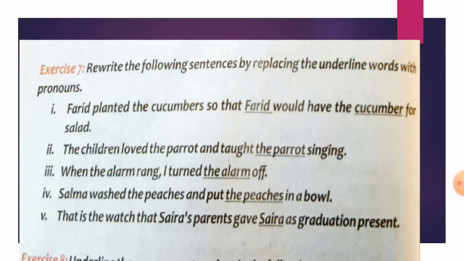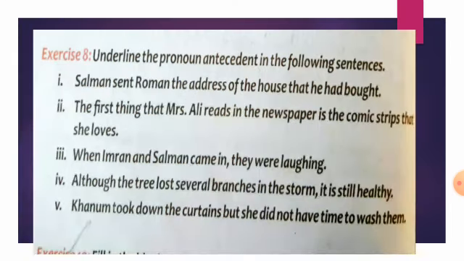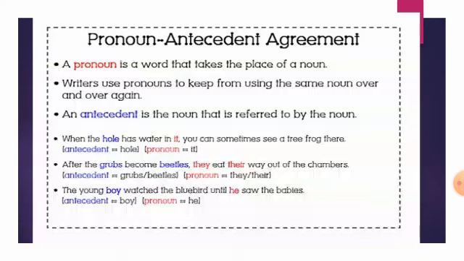I hope you have understood the exercise. Now, exercise number 8. Underline the pronoun antecedent in the following sentences. First of all, you should know what pronoun antecedent agreement is. We have done pronoun antecedent in great detail in the previous classes.